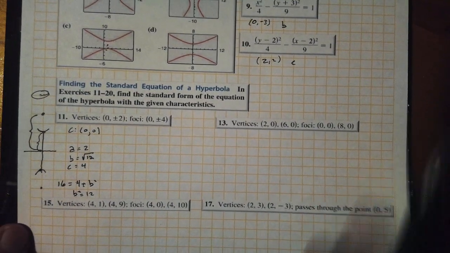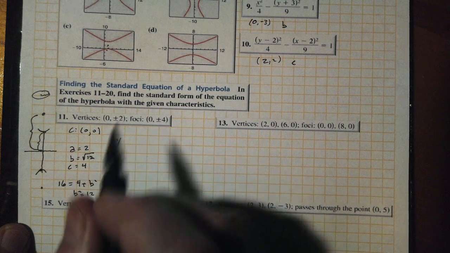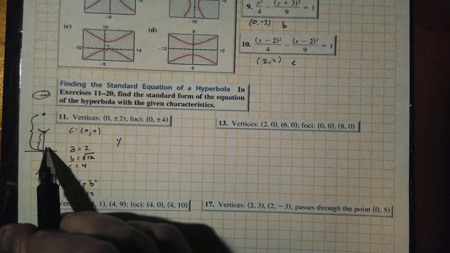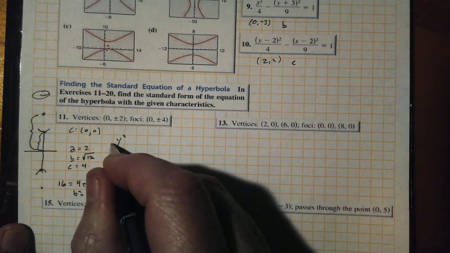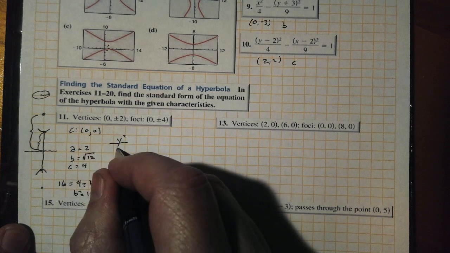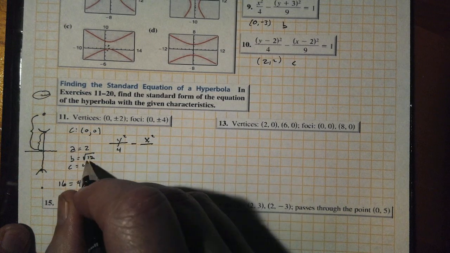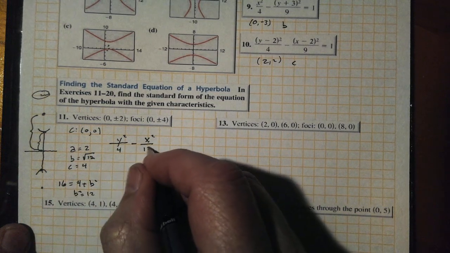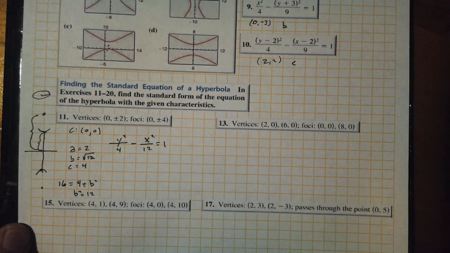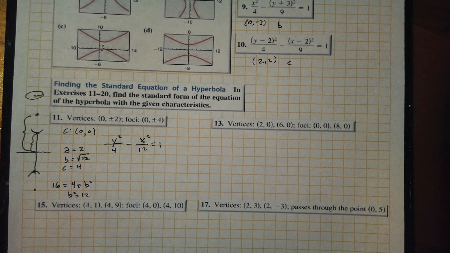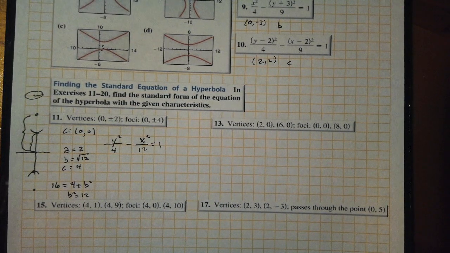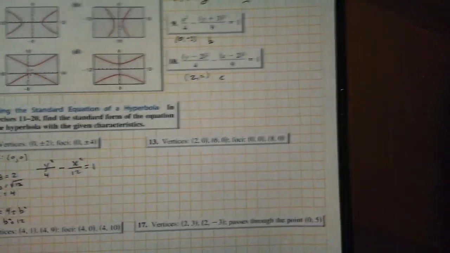So this is y minus 0, center 0, 0, squared over a squared, minus x minus 0 squared over b squared, but b squared is 12, equals 1. Now that process should work for all problems where we're given vertices and foci, and that's a very, very common way to be given information about a hyperbola.